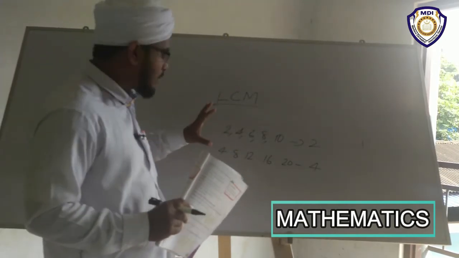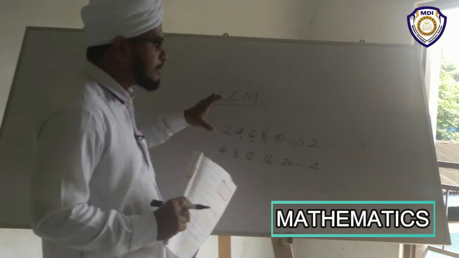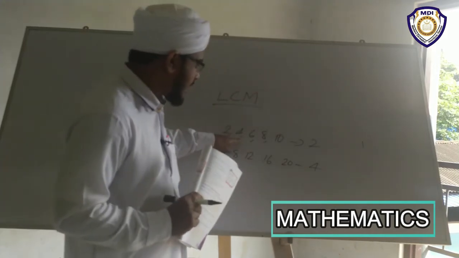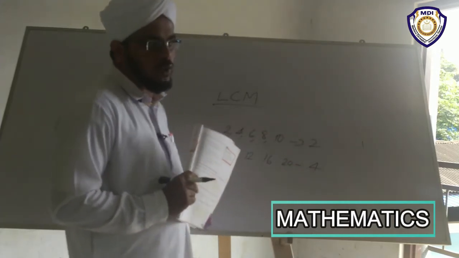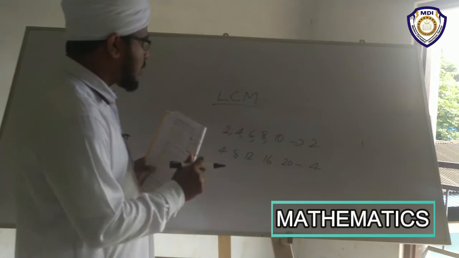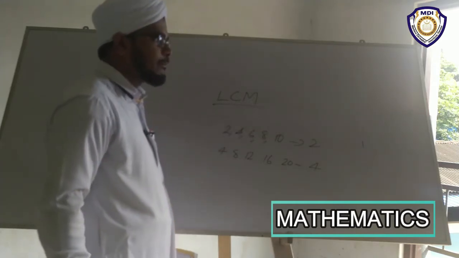Please listen carefully. I will describe what LCM is in a simple way. These are the multiples of 2, and these are the multiples of 4. My question: which is the least common multiple here?